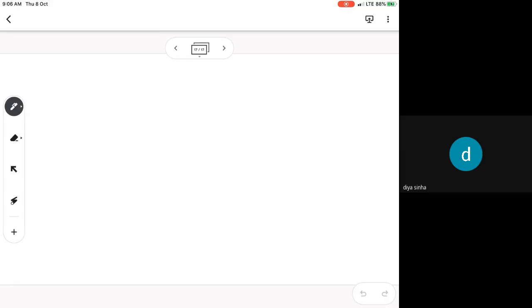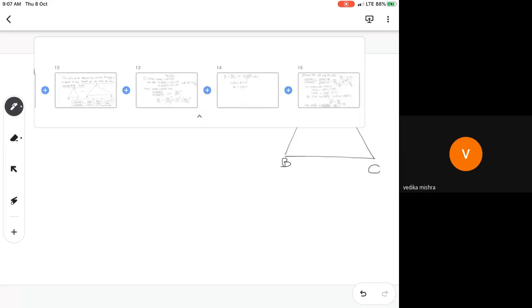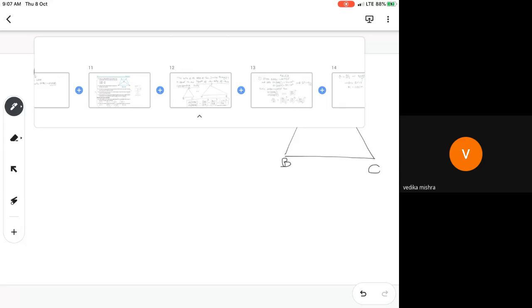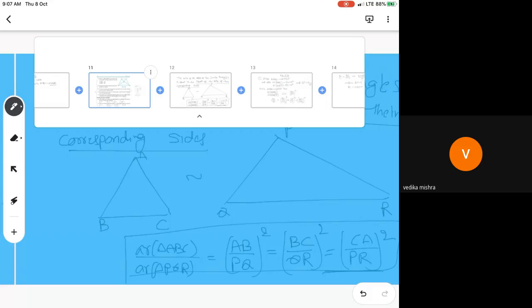Did you understand the question? Yes, sir. Consider triangle ABC. This is A, B, C, and D, E, F are the midpoints of the sides. Wherever D is given, write it there. See the question properly here. D, E, F are on the sides AB, BC, CA.